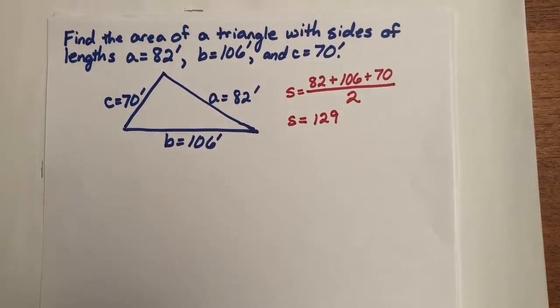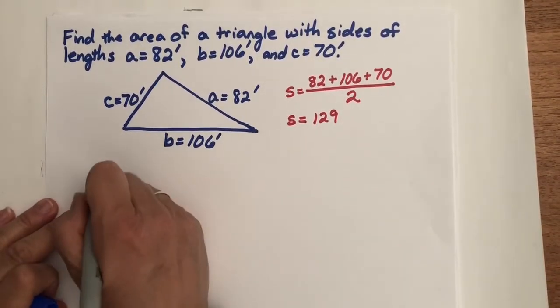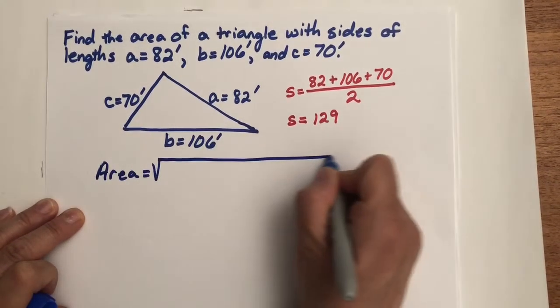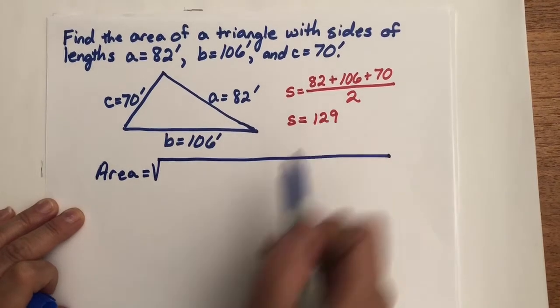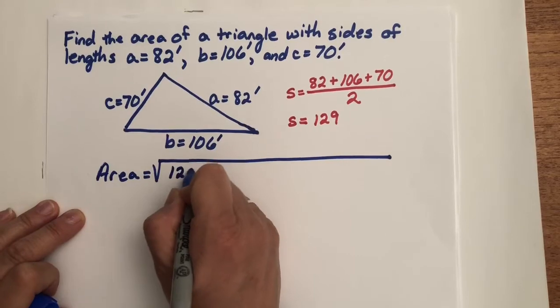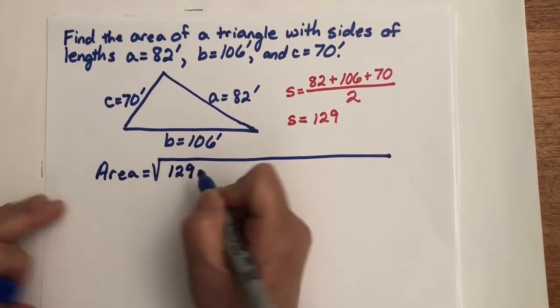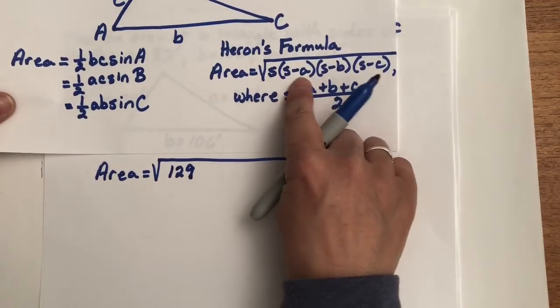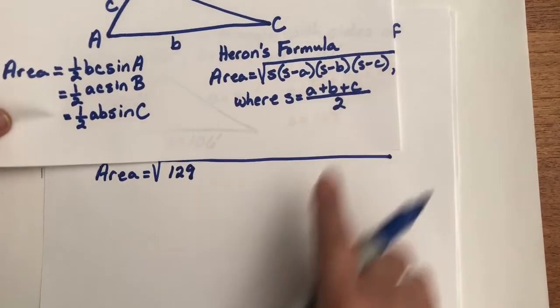So Heron's formula says now that the area is equal to the square root of, and now we'll substitute in the values. We have 129 equal to s, and this is again the formula that I'm using right here: s times (s minus a) times (s minus b) times (s minus c).